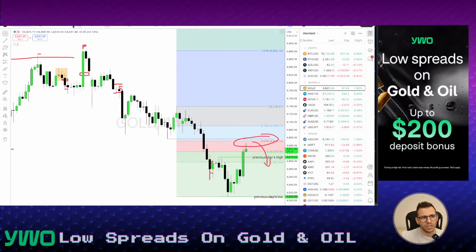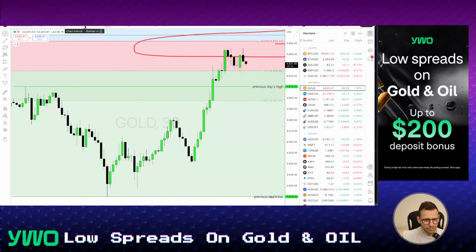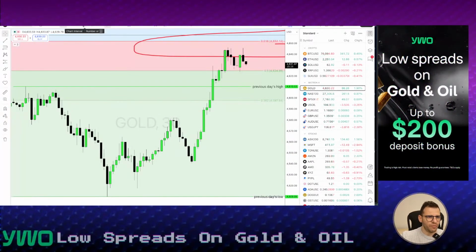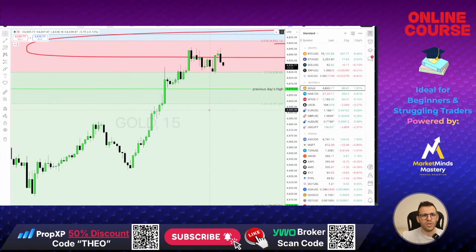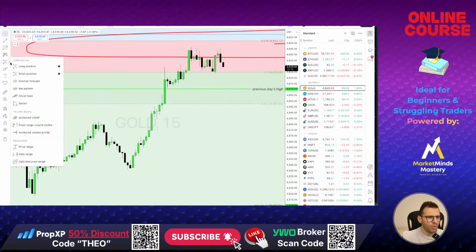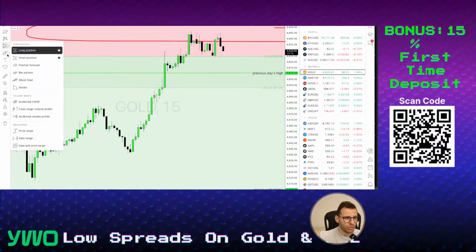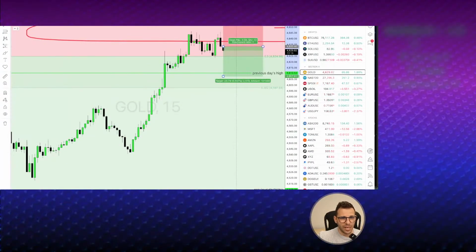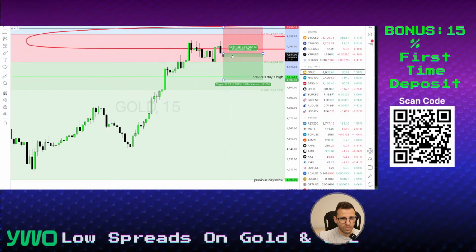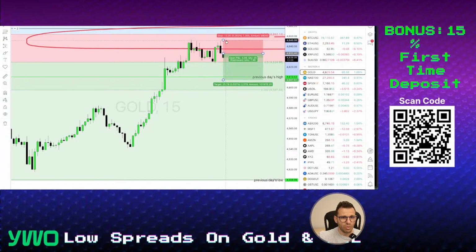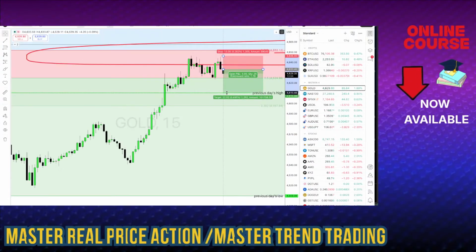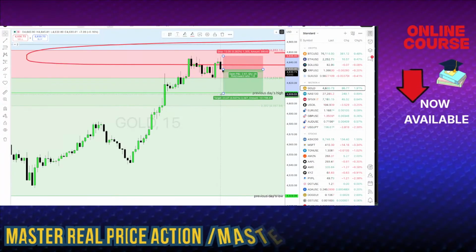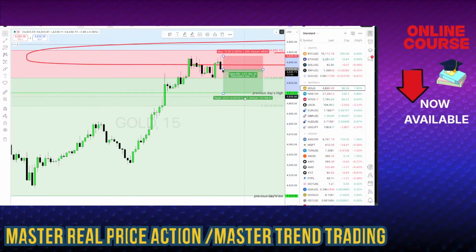But how can we get into that move? Well, we have to go down to 15-minute time frames or 5-minute charts. If you're trading gold, maybe 15-minute time frame is ideal. So there is one opportunity here for potential short positions right here at the entry where the current price is, with a stop loss about 13-14 pips and a take profit somewhere around the previous day's high.